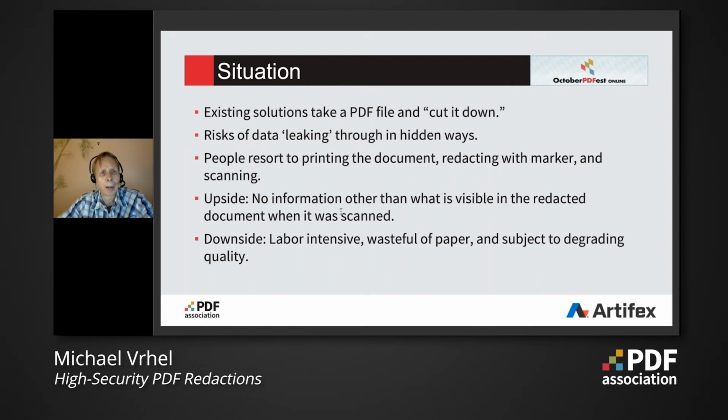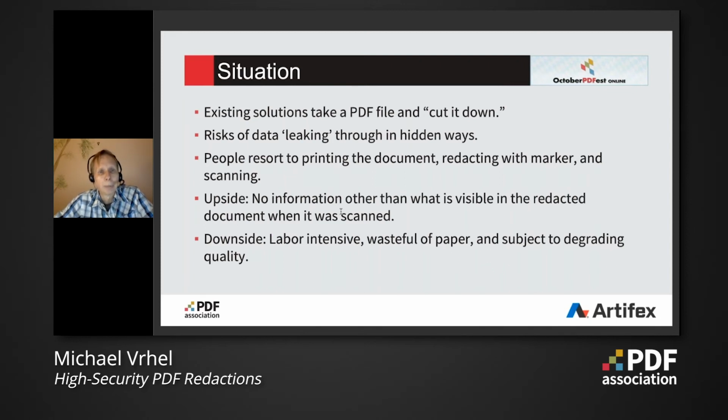So the problem really boils down to this: the existing solutions tend to take an existing PDF file and cut it down. They're removing the information that they want to redact. And the risk is that there's possible data leaking through hidden ways, that there's still information in the file that I'm removing the information from, and it's getting passed to the redacted document.